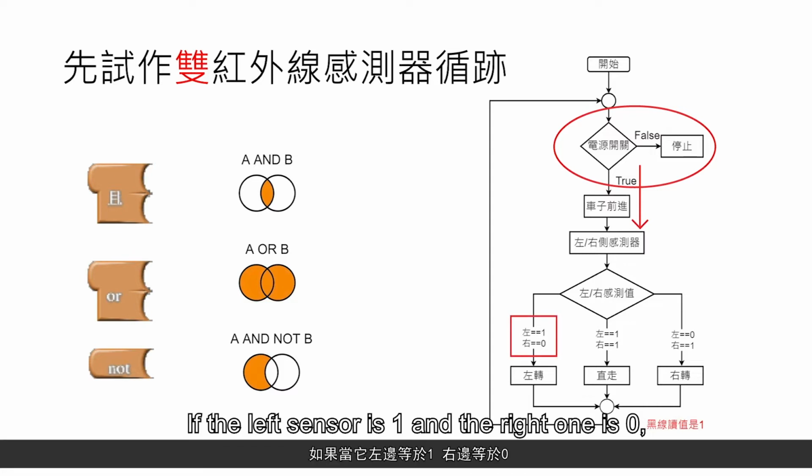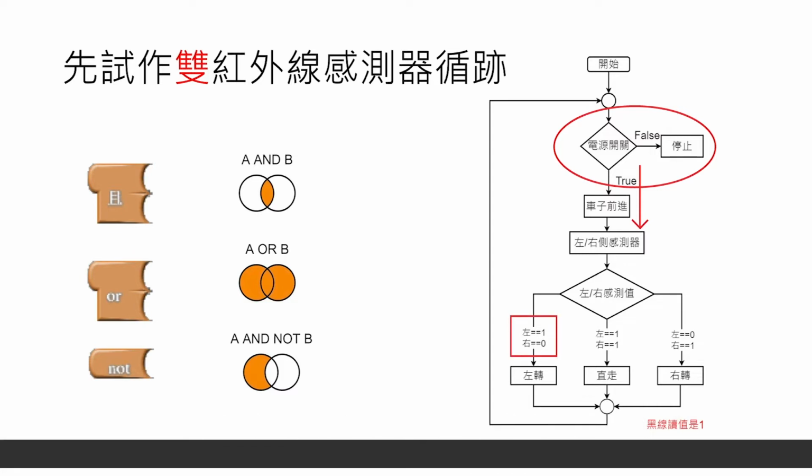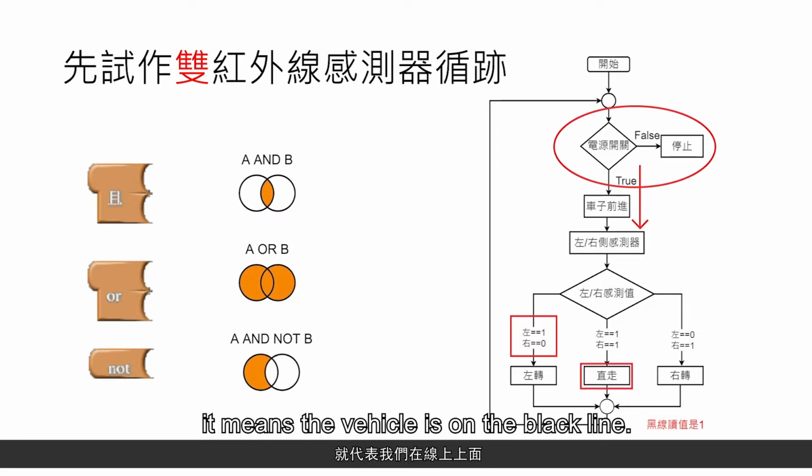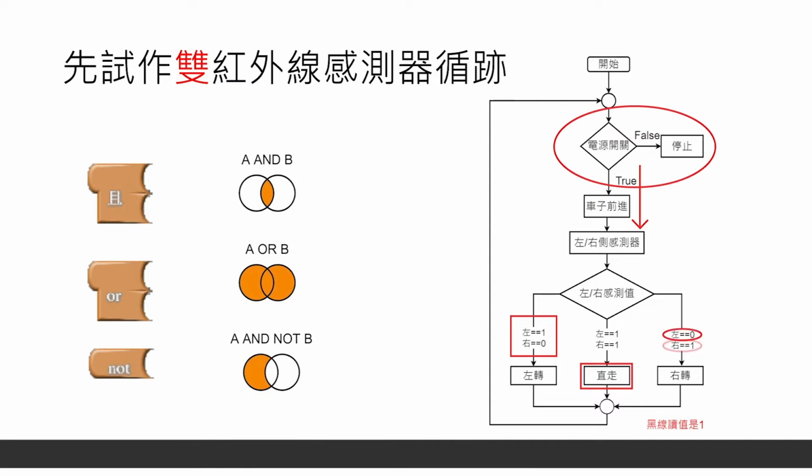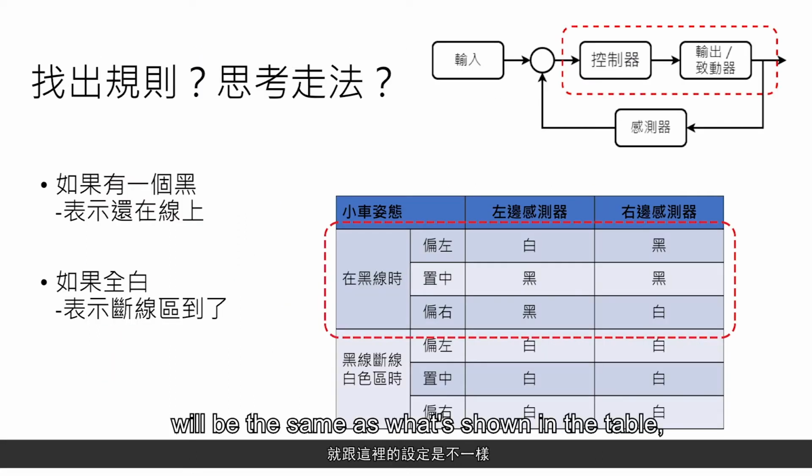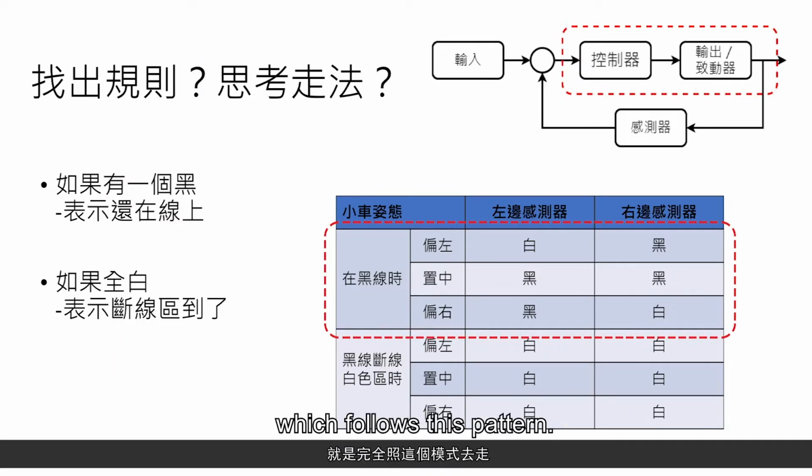If the left sensor is 1 and the right one is 0, then we turn left. When both sensors are 1, it means the vehicle is on the black line. If the left sensor is 0 and the right one is 1, then we'll turn right. This setting will be the same as what's shown in the table, which follows this pattern. When the car deviates to the left, I need to turn it to the right.